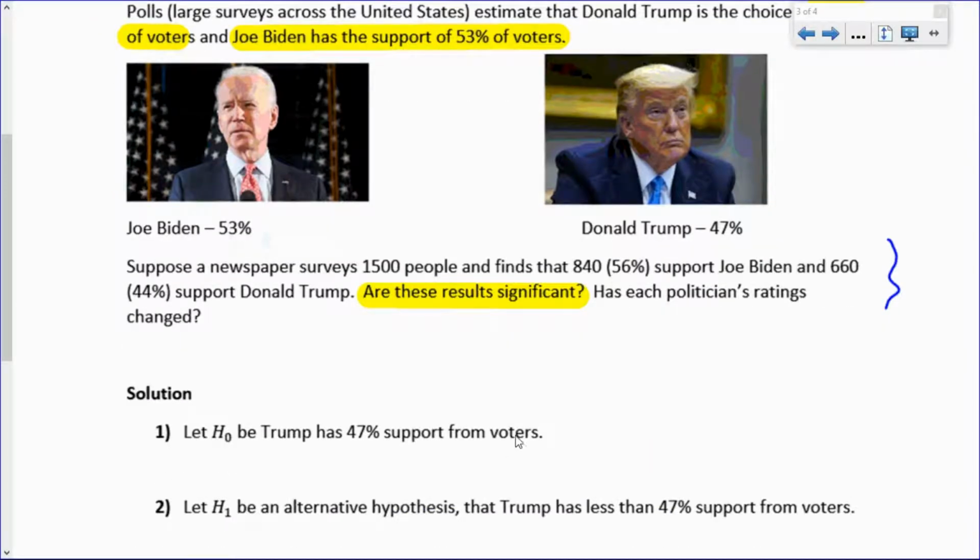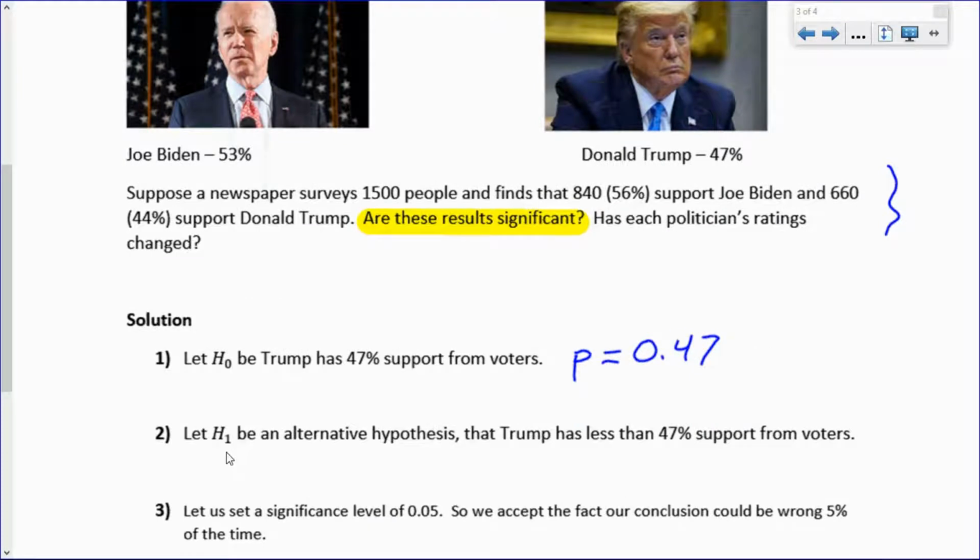Another way of writing this hypothesis is we could say that p equals, now we can choose to decide that either Trump support is a success or Biden support is a success. I don't really like to think of Trump support as a success personally, but we'll use that as our p. So the null hypothesis is that Trump still has 47% of support, or p equals 0.47.